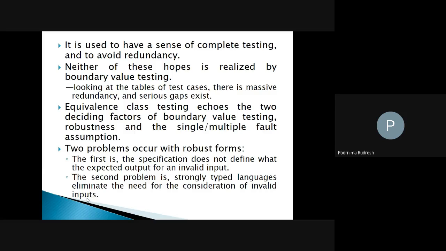Hence equivalence class testing is used to have a sense of complete testing and to avoid redundancy, because these two are not overcome by boundary value analysis testing. When we considered the test cases for those three problems, there was a lot of redundancy, and also gaps existed between the test cases, which we want to avoid in equivalence class testing.